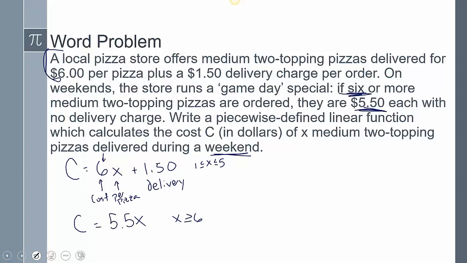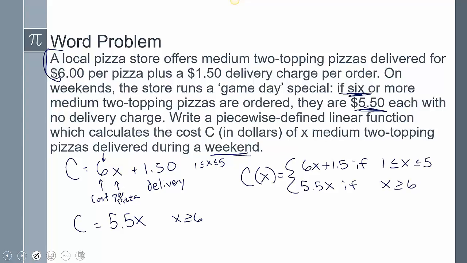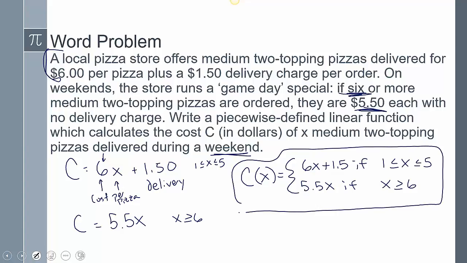But it's going to be 5.5x when I start ordering 6 or more pizzas. So then combining that together as a piecewise, I have this statement here. It'll be 6x plus 1.5 if x is between 1 and 5, 5.5x if x is greater than or equal to 6, which is going to be my answer.